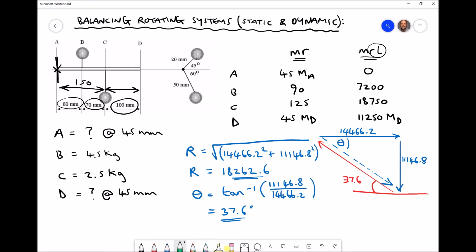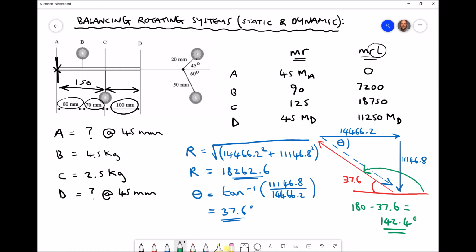However, the bearing that we need to determine is actually this angle here. Now, as the angles on a straight line add up to 180, the bearing here is just going to be 180 minus 37.6, which equals 142.4 degrees. So the angle indicated there is 142.4 degrees.